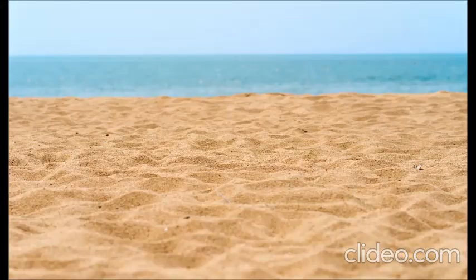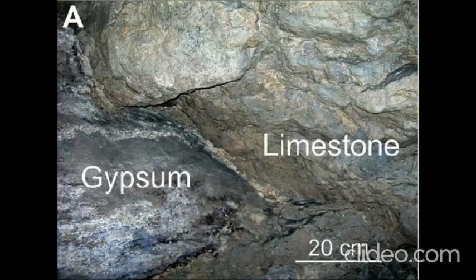Sand. The sea beaches can be understood as the residual deposits of sand. Sand is used for different purposes today, such as for construction, recreation, in various industries such as glass making, and so on. Limestone and gypsum.